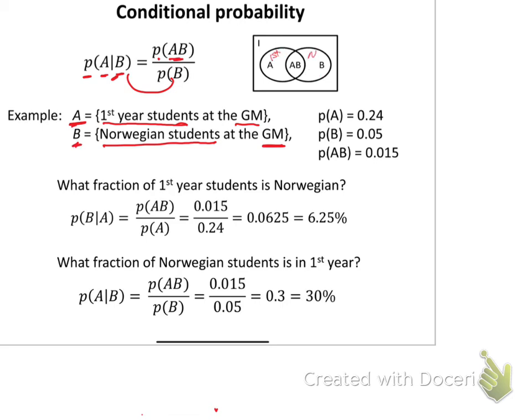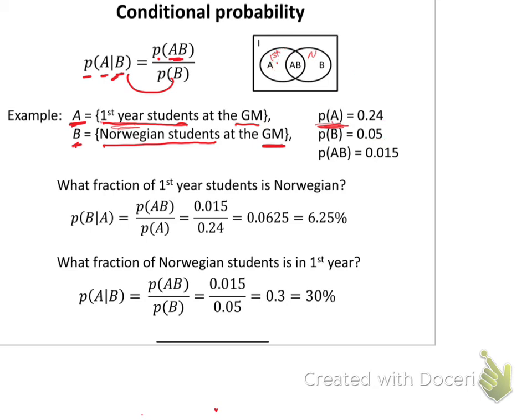So the probability of set A, or event A, that it will be first year students, is 0.24 for the whole set A, so 24%. The probability of being a Norwegian student, which is set B, is 0.05.